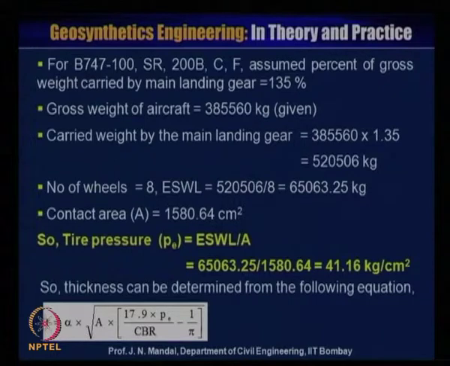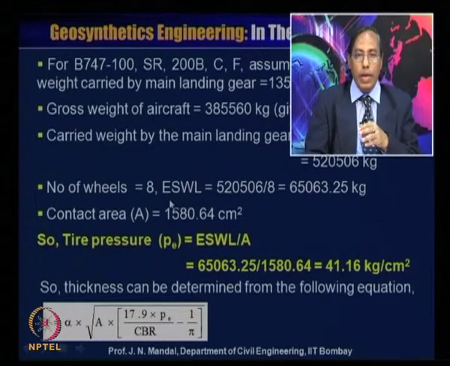So, the gross weight of the aircraft is given as 385560 kg. The weight carried by the main landing gear will be 385560 times 1.35, that is 520506 kg. The number of wheels is 8, so ESWL will be 520506 divided by 8, which is 65063.25 kg.